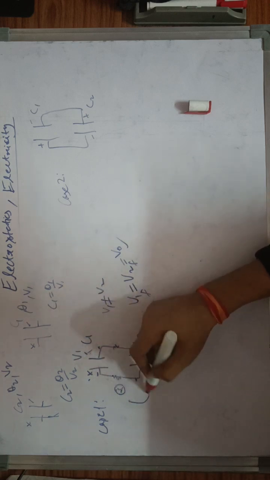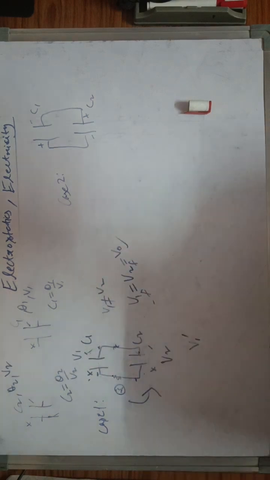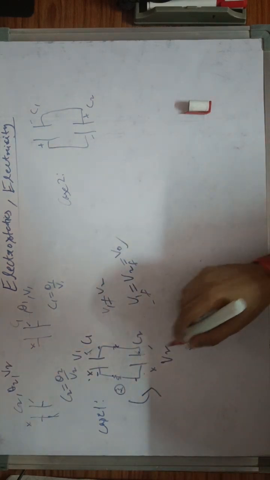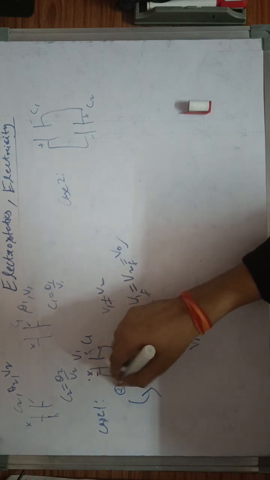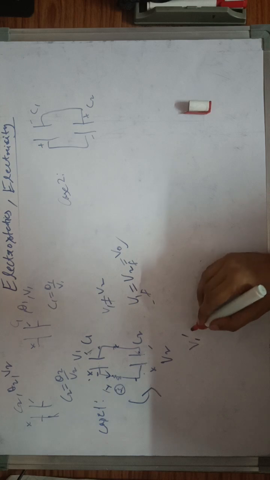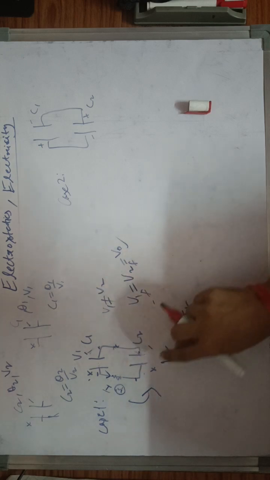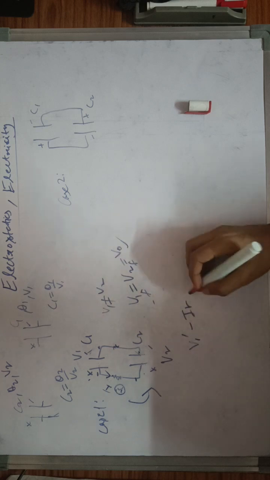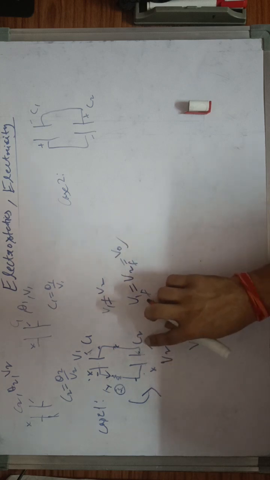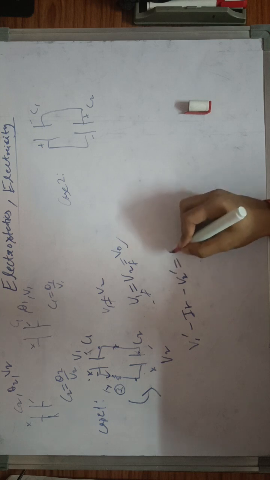If I take the potential difference in this loop in an anti-clockwise manner, I get V1 dash. Then, with some current I flowing in this circuit, there is minus I into R, and then this potential difference I will take as minus lesser potential minus higher potential, which is V2 dash, that is equal to 0.